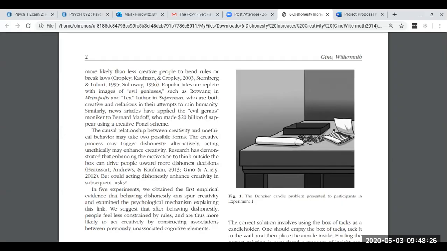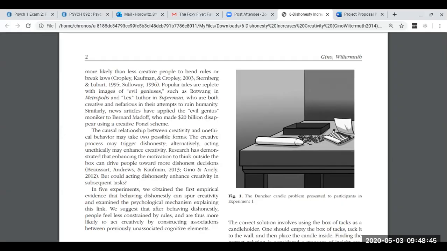We don't know if the creative process triggers dishonesty, or if acting unethically may enhance creativity, right? So they designed some experiments in this paper to try and see if one leads to the other or if it's a two-way street.